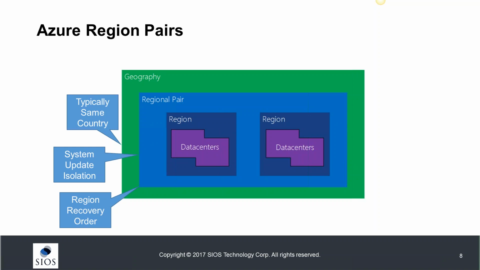When they're choosing where to do the work, they're going to pick at least one of the regions within your region pair to fix. And these region pairs are typically greater than 300 miles apart, again, to isolate from natural disasters. It's not always possible. The UK is not large enough to have data centers 300 miles apart, so there's a 150-mile separation there. But typically, you're talking 300 or more miles apart between the different regions.